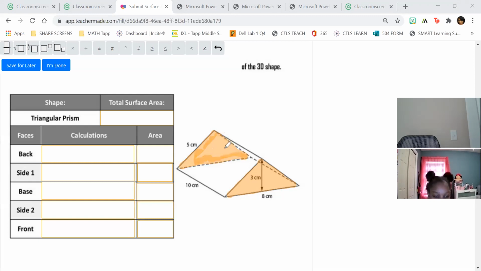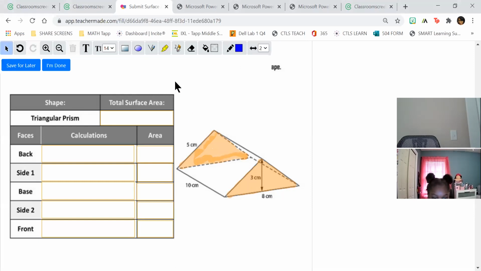And we also know that to solve for the area of a triangle, it's base times height divided by 2. So I'm going to go ahead and write that just so I can remember. Base times height divided by 2.